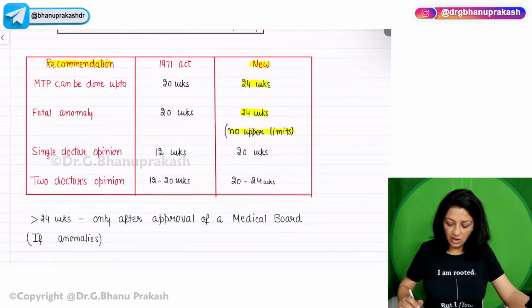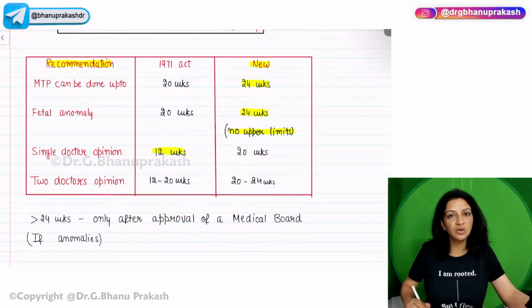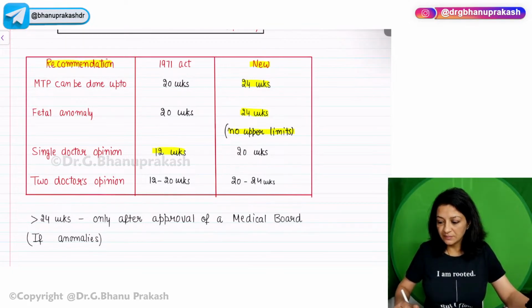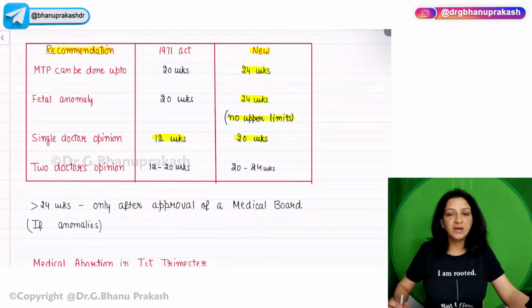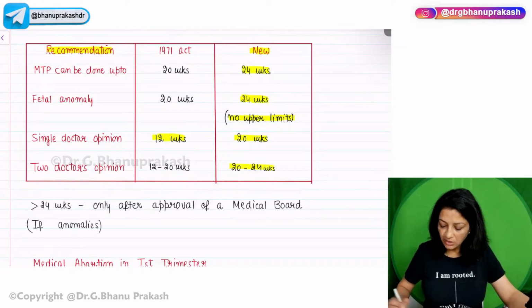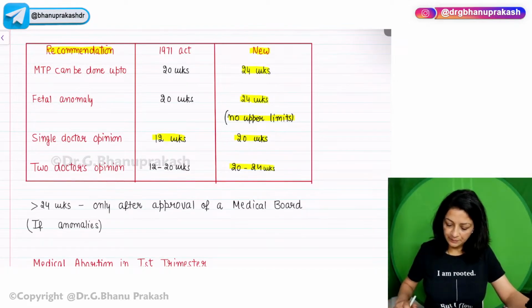Single doctor opinion: according to the 1971 Act, single doctor opinion was sufficient up to 12 weeks, but according to the new recommendations, up to 20 weeks. And two doctor opinions for 20 to 24 weeks.